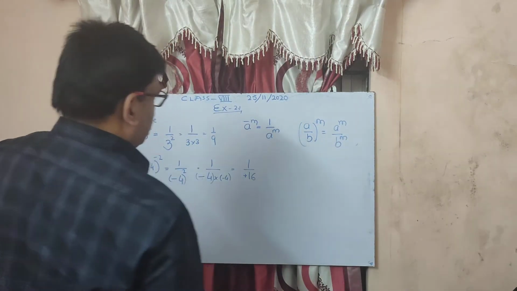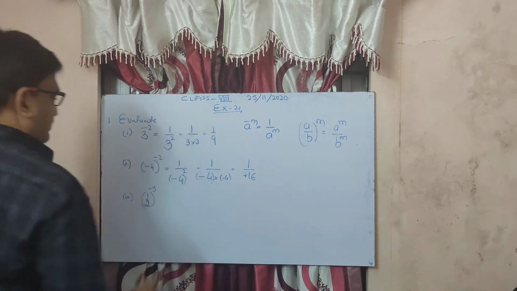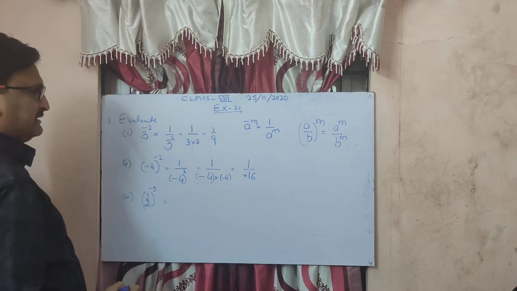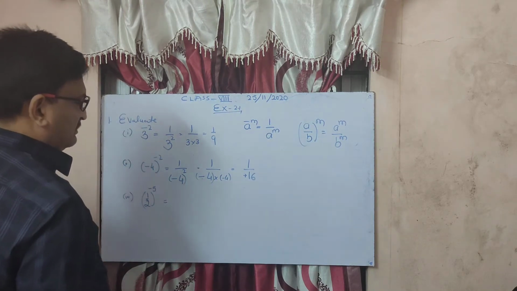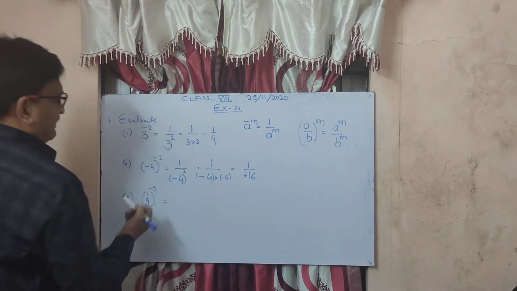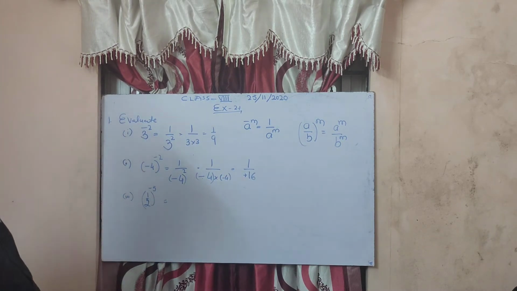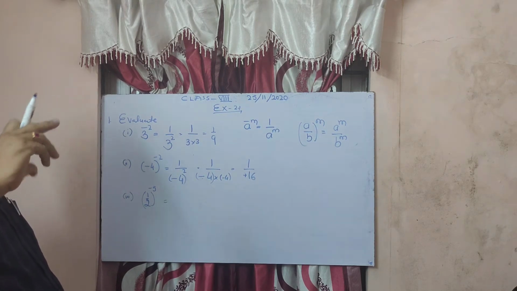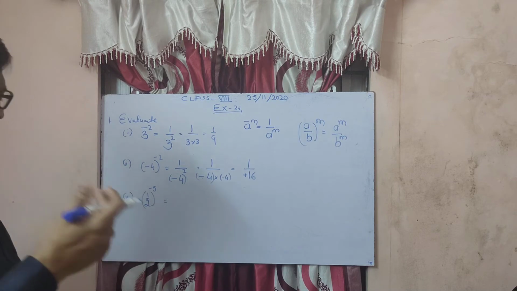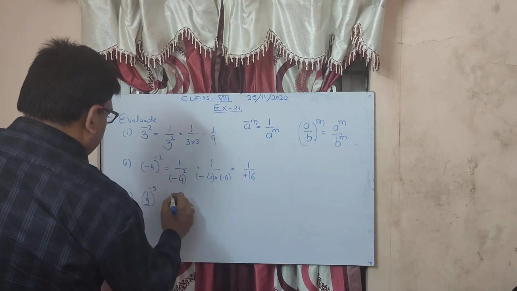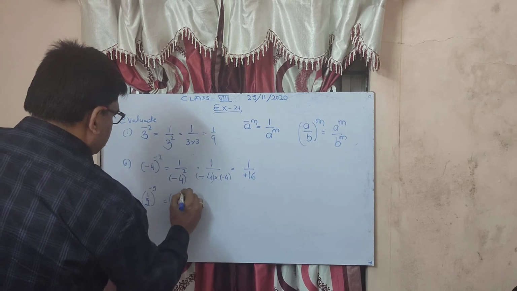Now the same formula you have to write here. Now the power is the same here. If you want to change the power here, you have to reciprocate, change the numerator into denominator and denominator to numerator. That is 2 upon 1 if you write, and the power becomes plus 5.